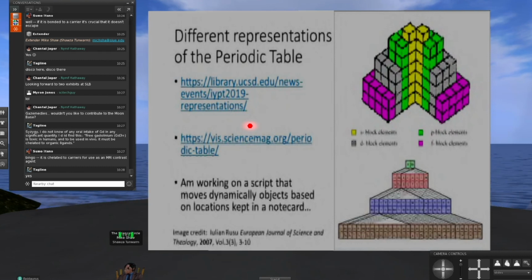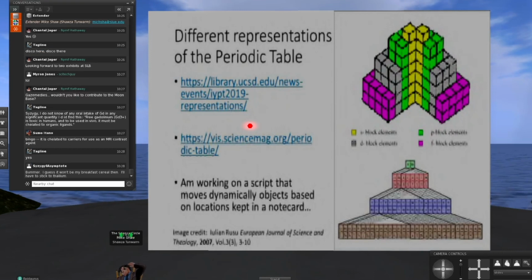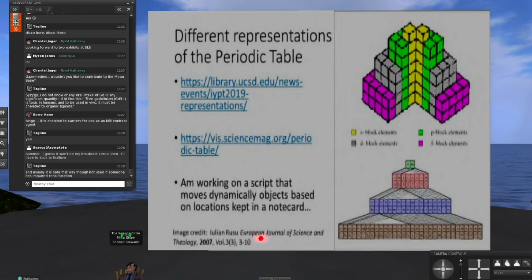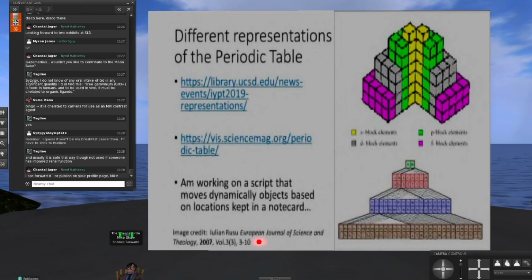So here's some different representations of the periodic table. I really only saw this ziggurat version of it yesterday. It's actually from a journal I hadn't heard of before, the European Journal of Science and Theology.